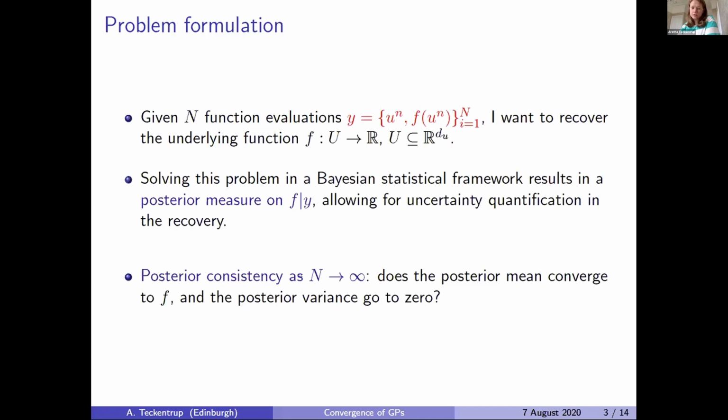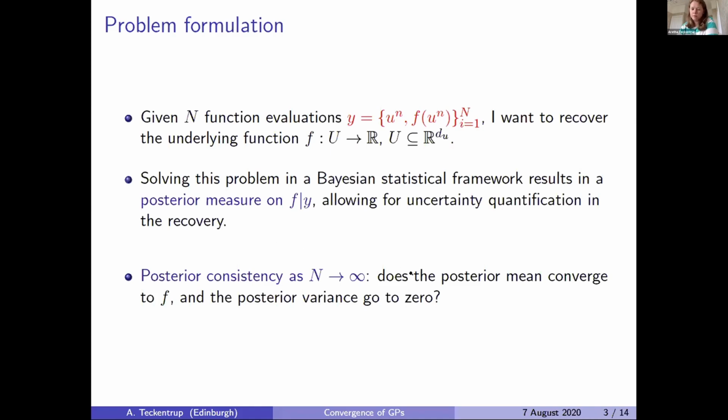What I'm then interested in is convergence as n tends to infinity. So in particular, as the number of function values that we have, n, tends to infinity, do we actually recover the true function f? Okay. So in this Bayesian statistical framework, that is a form of posterior consistency.